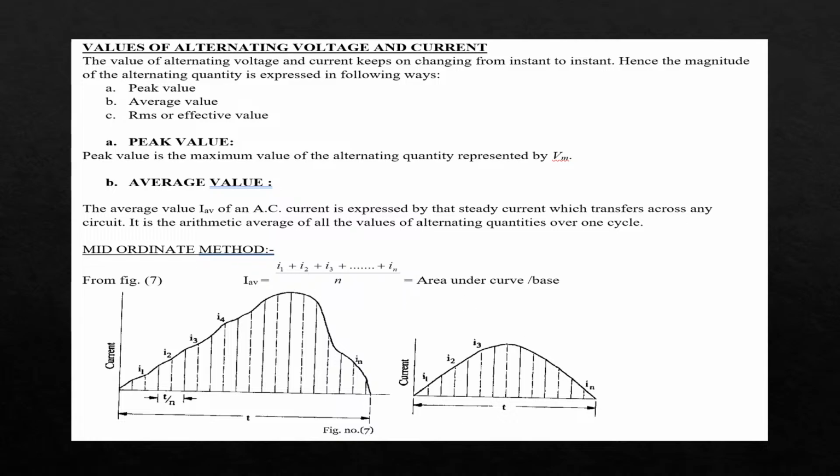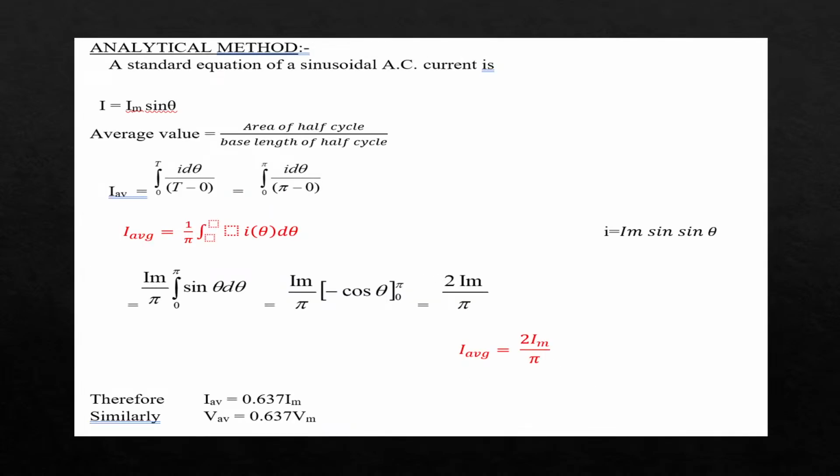This is the mid-ordinate method. Then we have the analytical method, using the standard equation of sinusoidal AC current. This is the actual one, because the other one doesn't make sense. It's basically 1 by base into the integration of I d theta.